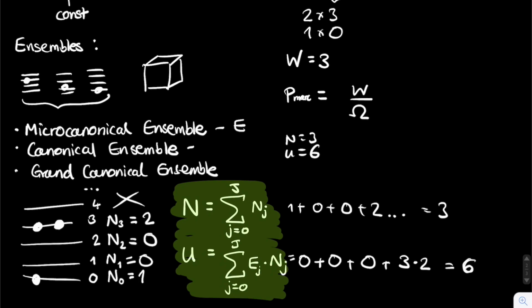Well, W right here is simply equal to N, which is the total number of particles, in this case 3, factorial, divided by, now this is where it gets a little bit weird, a sort of infinite product.